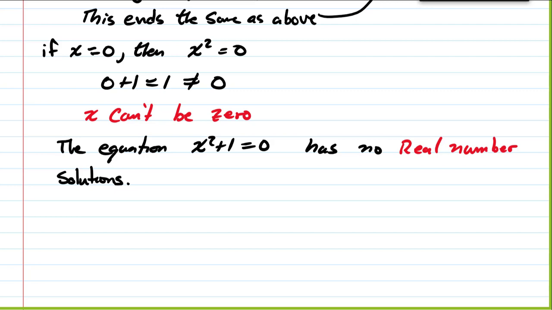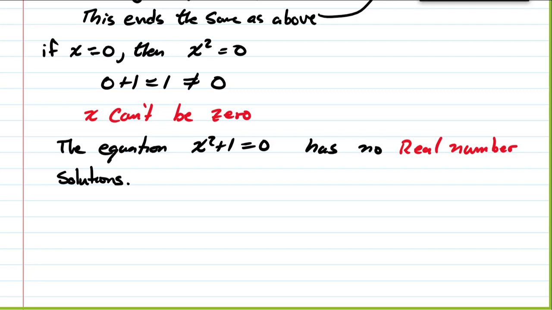And the reason for that is, for every real number, when you square it, the result is never negative. In fact, there is no real number that does not have that property, except for 0, and 0 times 0 is always 0.